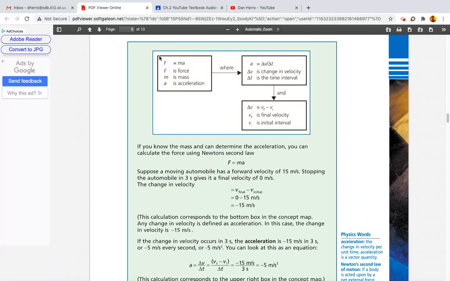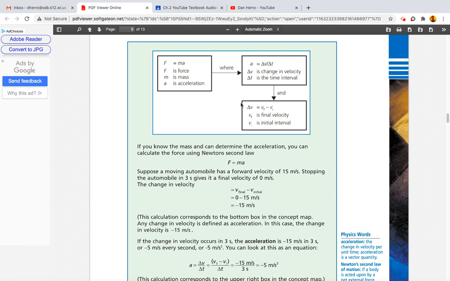Force equals mass times acceleration, where F is force, M is mass, and A is acceleration. Acceleration equals change in velocity divided by change in time.